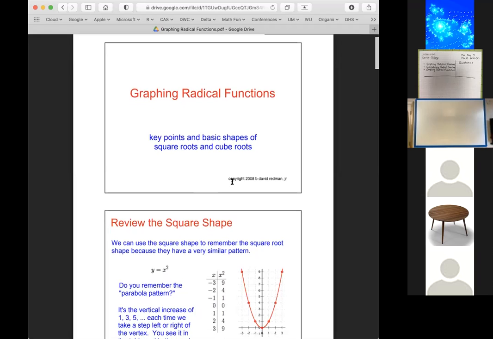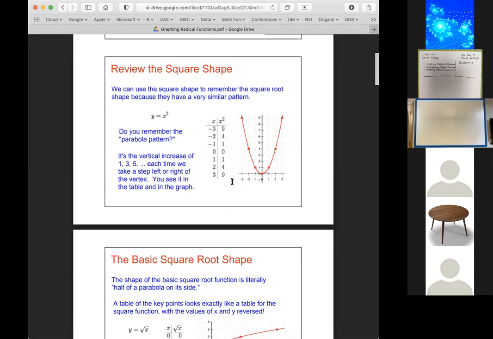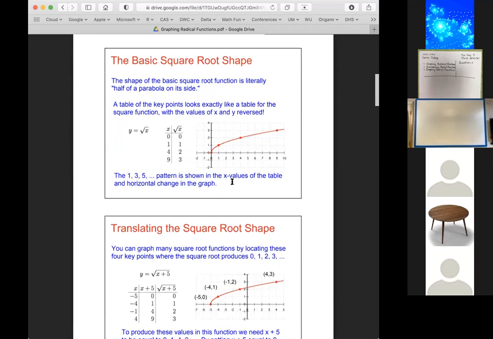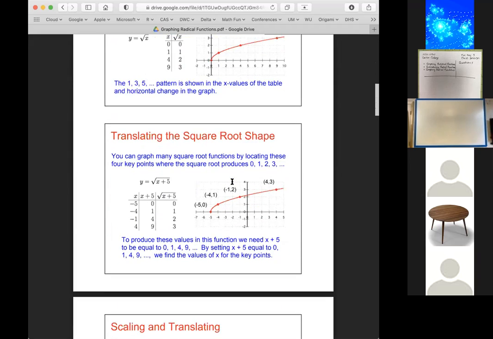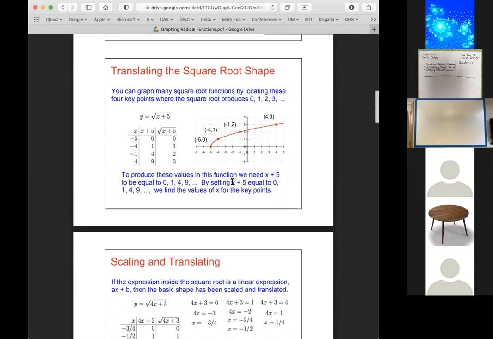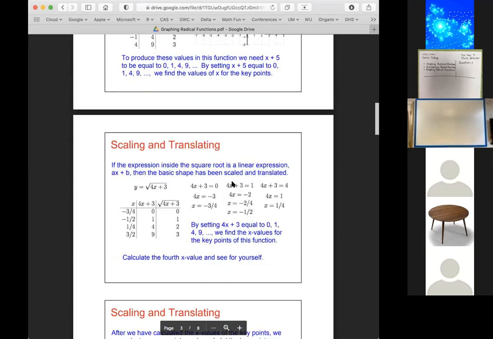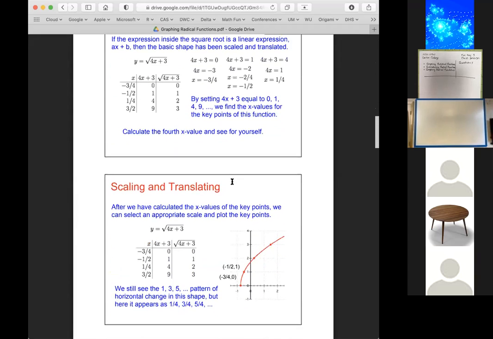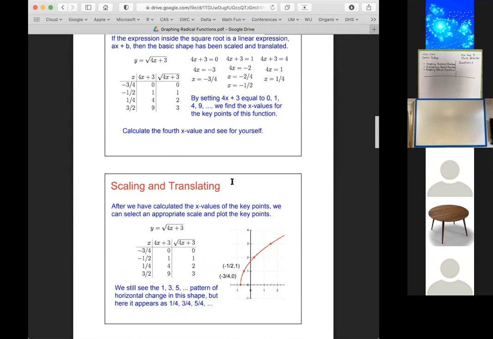So here I'm giving you a super detailed explanation about how to draw radical functions, and what the shape of the square root is, and how you can scale it or translate it. That means move it up, down, left, right, shrink, stretch.